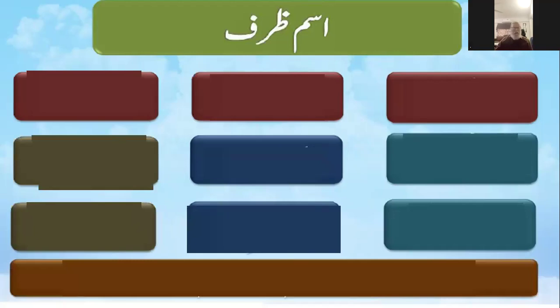Now the isme zarf. Isme zarf is such a noun which represents either time or place. When it is time, it is called isme zarfe zaman, telling the time. When it is showing place, it is called isme zarfe makan, meaning telling the place.